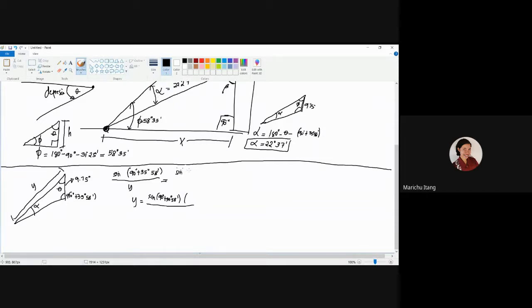This is sine alpha over 9.75. So this is 9.75 sine, excuse me, sine alpha. What is the value of sine? Oh, y.